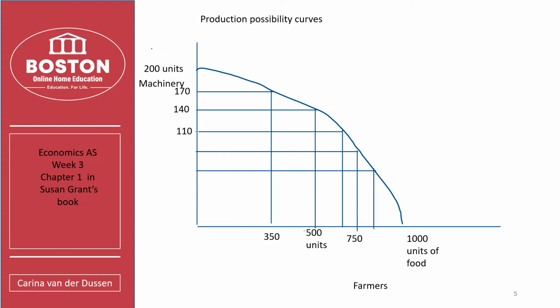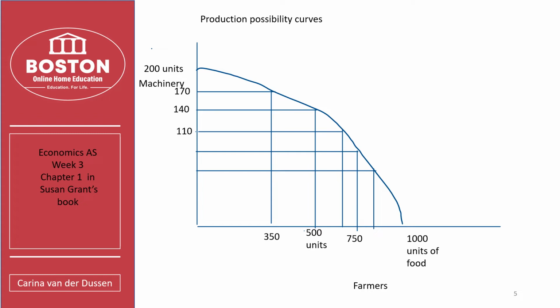You will take the 170, that's the units that we could produce, and now we'd like to produce 500 or 700. So we want to double the amount of units of food. And then we'll have to give up 90 units of machinery.